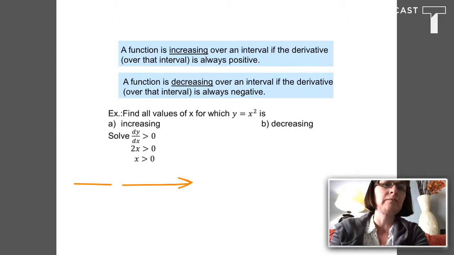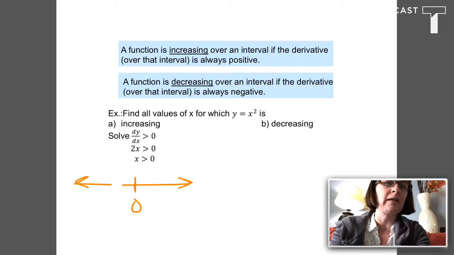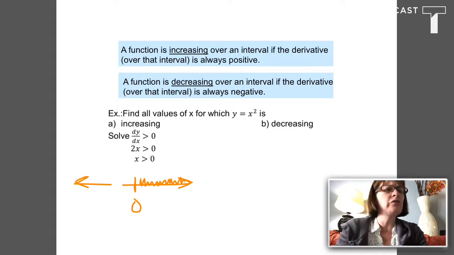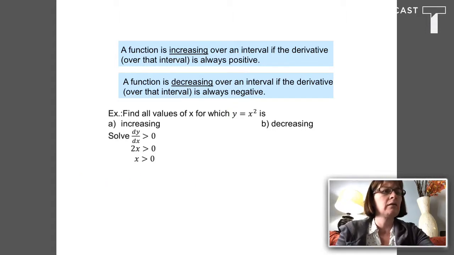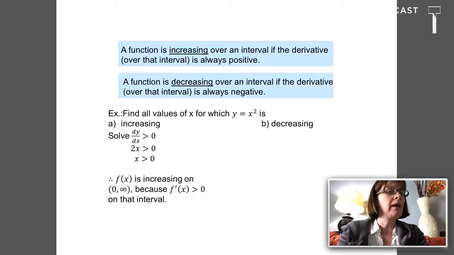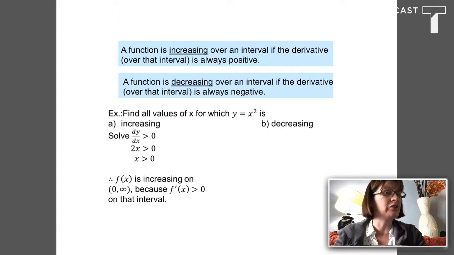It's not required. x is greater than 0 means I'm going to mark 0 here, and I would shade everything over here. And you could have these two choices. You can give your answer in inequality notation, x is greater than 0, or you could write f of x is increasing on 0 to infinity using interval notation.